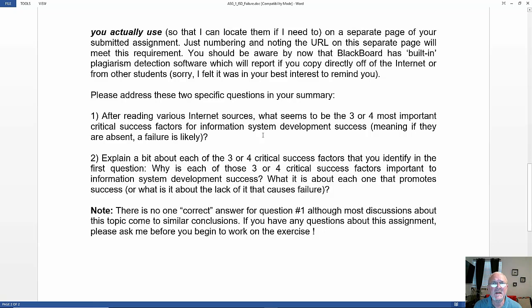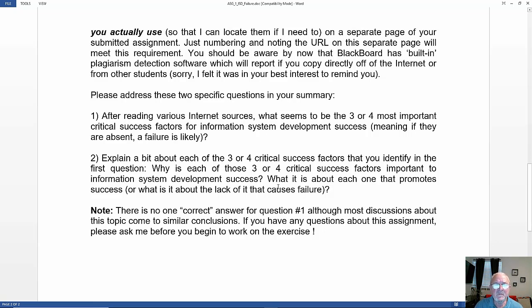And the lack of user acceptance, which happened in the implementation phase perhaps, was because the users rejected it for this or that or whatever reason. Okay? So that's the first question. Critical success factors for information system development success tied to specific SDLC phases.